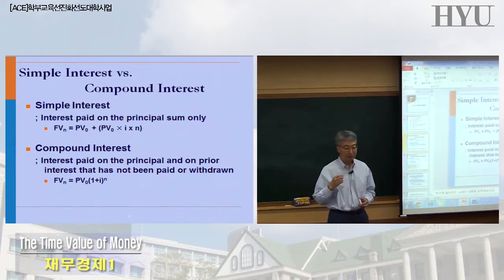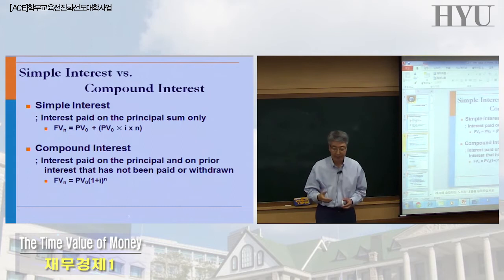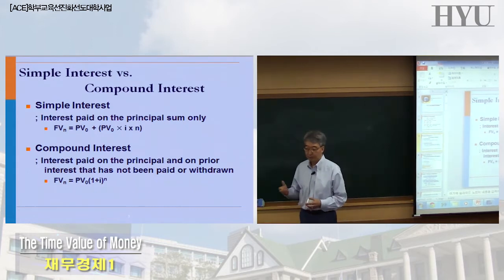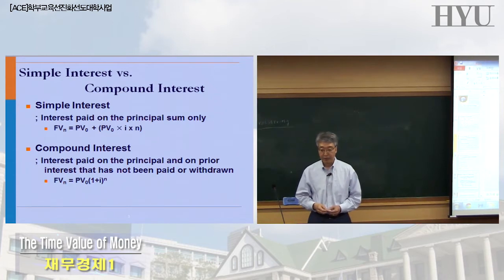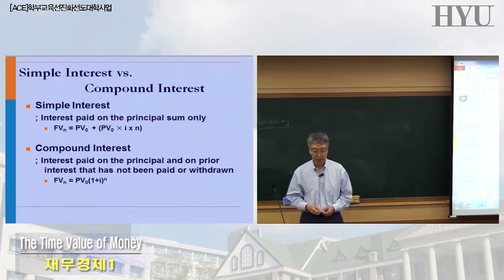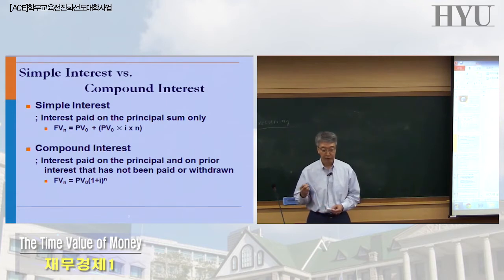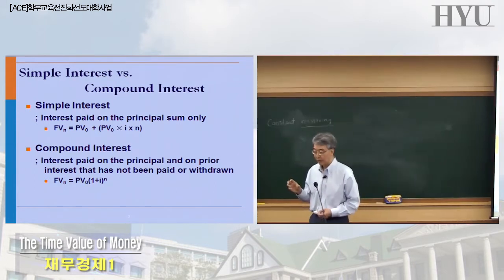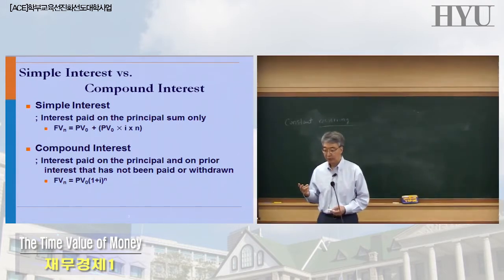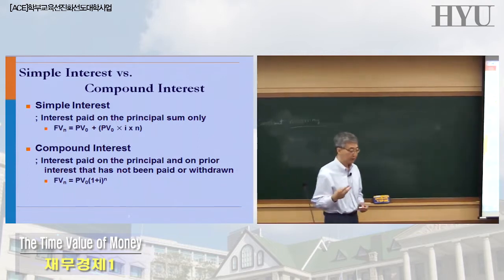Let's say you put $1,000 in the bank, and the bank pays a 3% interest rate. Then that will be about $30 per year. If you withdraw the $30 at the end of the year, your total balance goes back to $1,000. So in the second year, your interest will be another $30. That's the idea of simple interest.